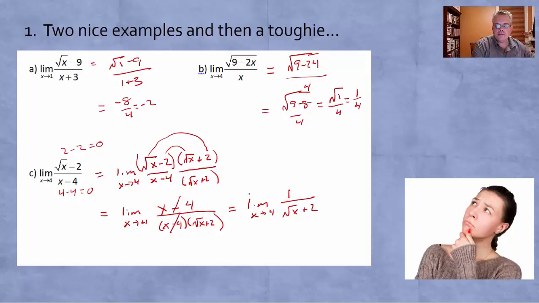Now, this is a simplified version of what we started with, and as x approaches 4, there's not a problem. As we substitute 4 into square root of x, we get square root of 4, which is 2, plus 2 gives me 1 over 4. Wow, that's pretty epic. But after you do 1 or 2, it's not so bad.